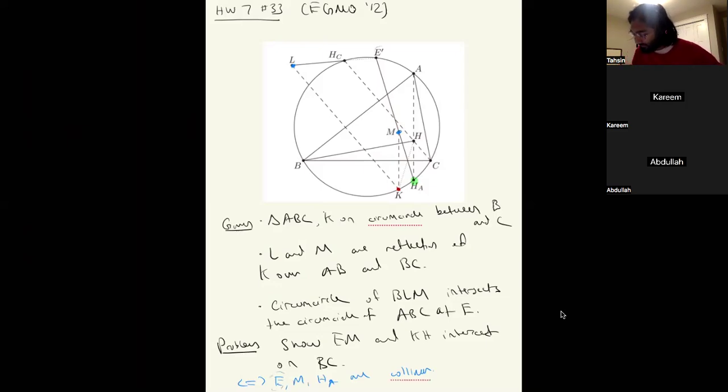It's really the intersection of the circle of BLM and ABC. Before I continue, does it make sense, what I've written? That the problem is equivalent to showing that E, M, and H_A are collinear.